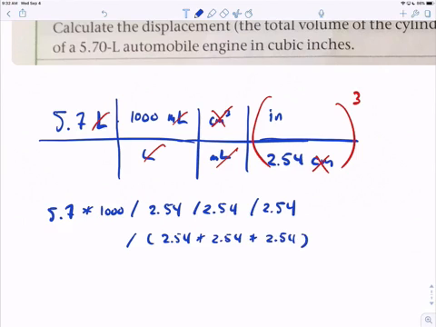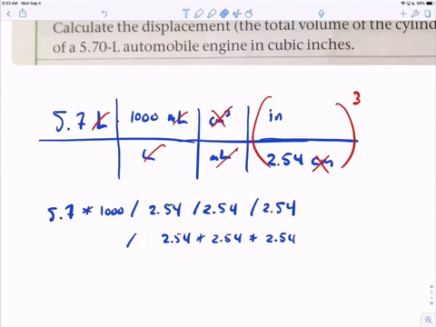Let's say for this, in this case, that you didn't put this parentheses right here. So if you did it like the one on the bottom, your calculator only can do what you tell it to do. It's not an AI. It's a user digital interface. You're the user. If you put this into your calculator, and this is a very common mistake, what the calculator does, order of operations left to right, it's 5.7 times 1,000.